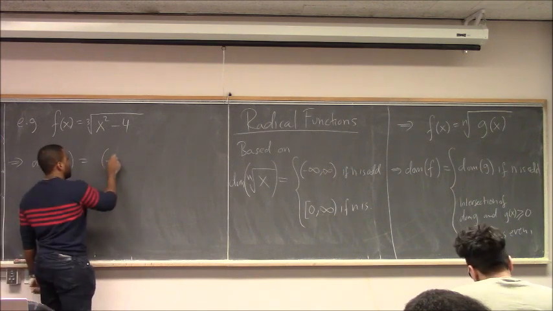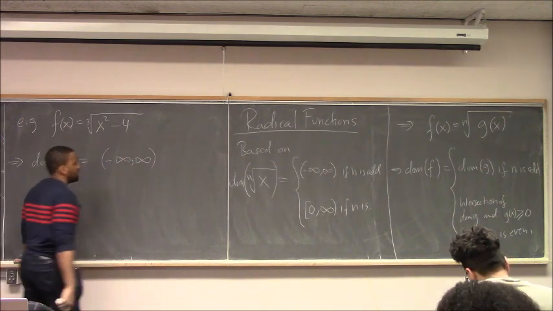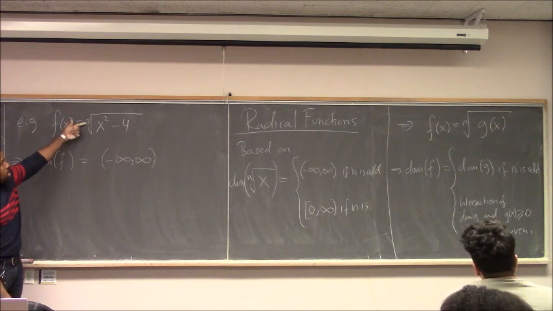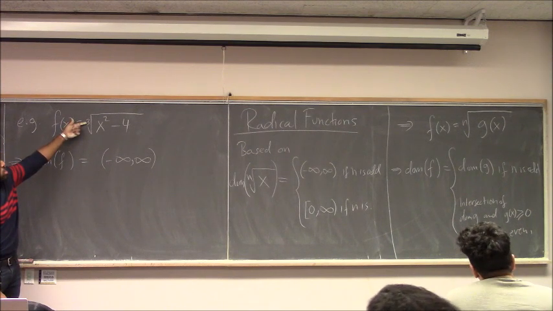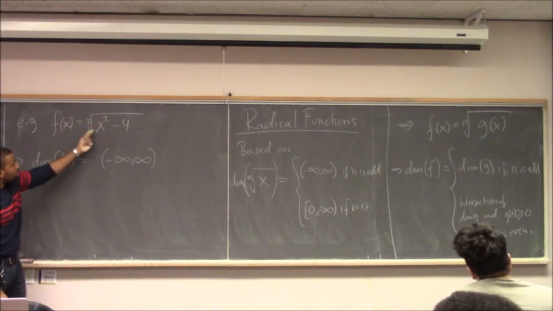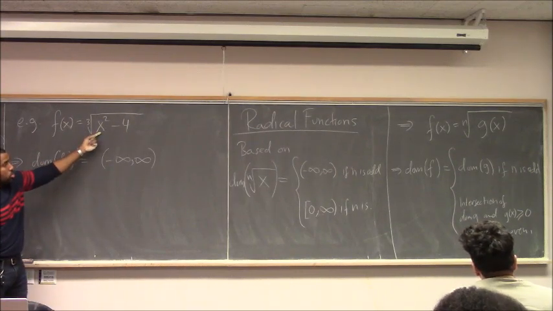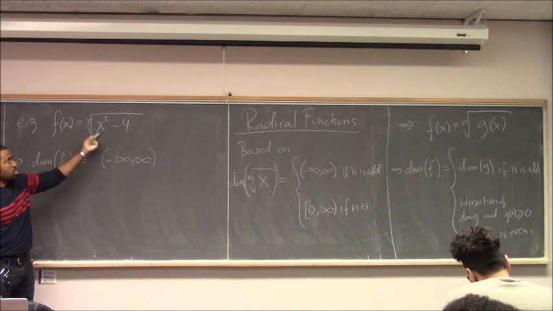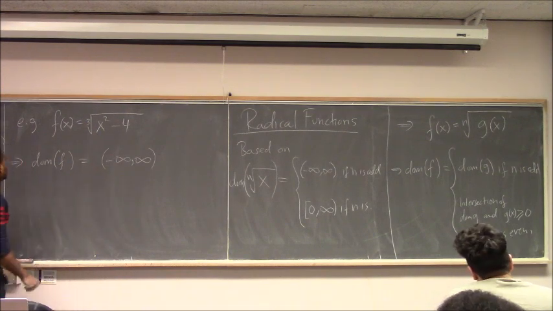All real numbers, right? Because if you have an odd power, you don't really care in general. Once what's underneath the radical works, it's going to work. What's underneath the radical is a polynomial. We know they work everywhere. So the domain is just going to be everywhere.